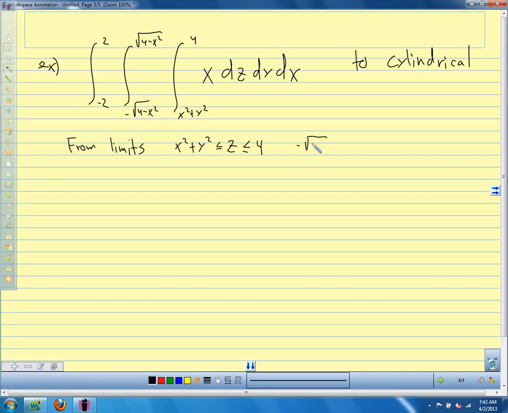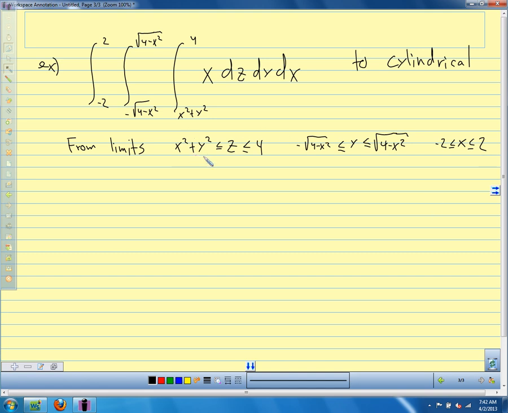Minus square root of 4 minus x squared is less than or equal to y. That's our next integral. And that's less than or equal to square root of 4 minus x squared. So that tells us something about a region in the xy plane, and negative 2 less than or equal to x, less than or equal to 2.